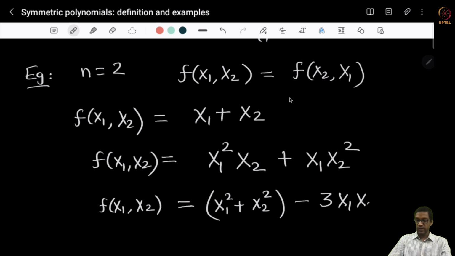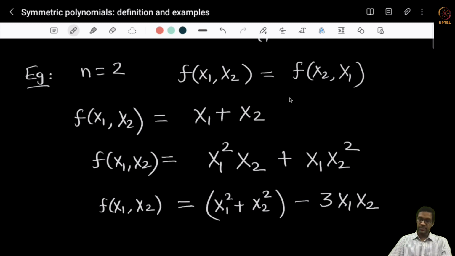Let me say this minus 3 x1 x2. Observe that the resulting thing is symmetric also. Why? Because the first term x1 square plus x2 square is symmetric under interchange of variables, and so is the second term. So here are some examples of symmetric polynomials.